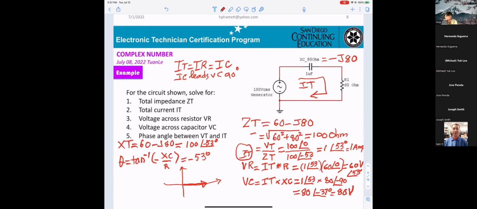You cannot draw that, this one will be for zero phase. But isn't VT 100 at 0 degrees? How come you get 100 degrees? Because IT is equal to VT over ZT, and in that formula we got VT equal to 100 at 0 degrees. That's where I got it from.